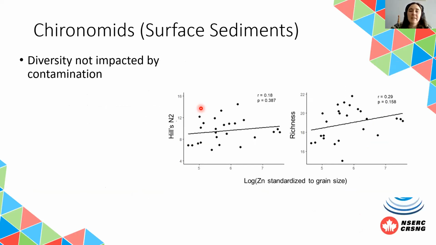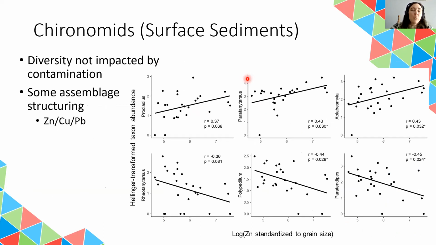For the chironomids, again, this is Zoe Armstrong's work. One of the main things we found is that chironomid diversity wasn't impacted by contamination, which is the opposite of what we expect to see. Normally, the more contaminated your site for chironomids, the lower you expect your diversity to be. We did see some assemblage structuring, but it was mostly to do with zinc, copper, and lead, which are all kind of highly correlated, rather than with mercury.